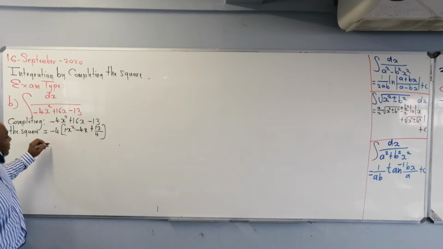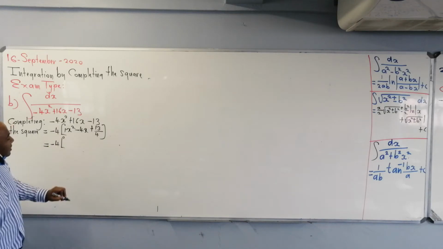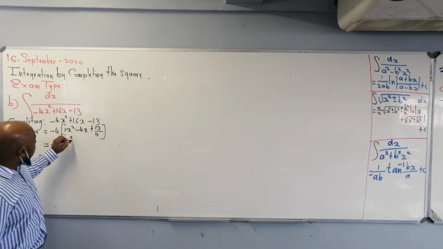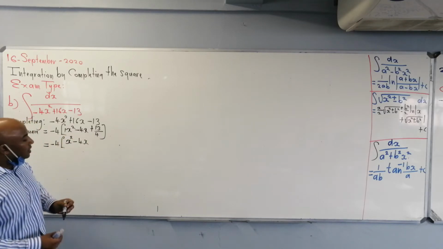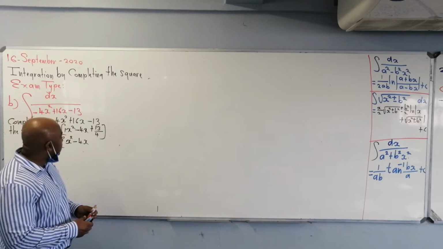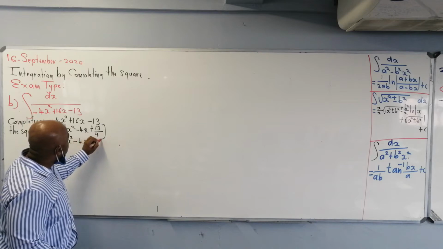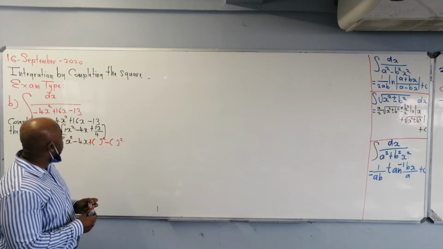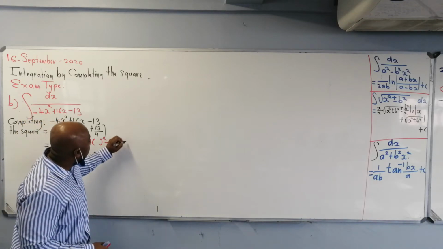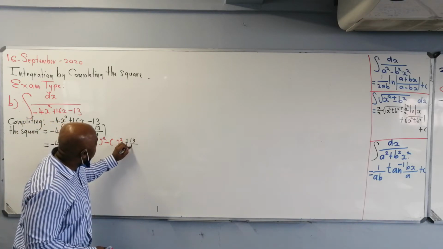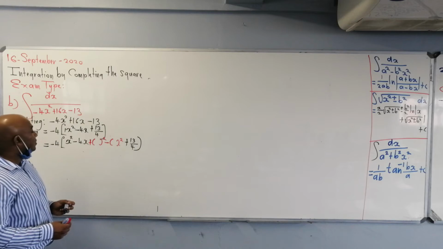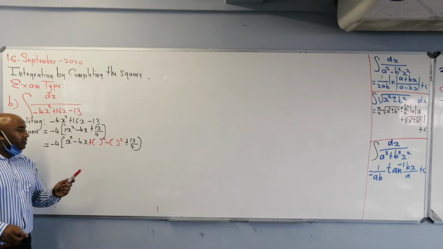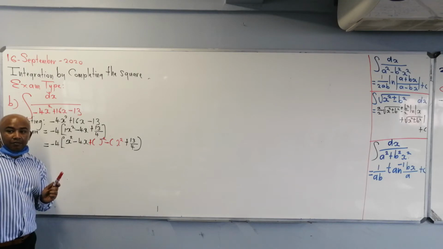So now let's deal with completing the square. So when you are completing the square, copy down these first 2 terms in order, and then it's always plus half the coefficient of x squared minus half the coefficient of x squared, and then you copy down the constant at the end. So what is the coefficient of x? The coefficient of x here is minus 4.